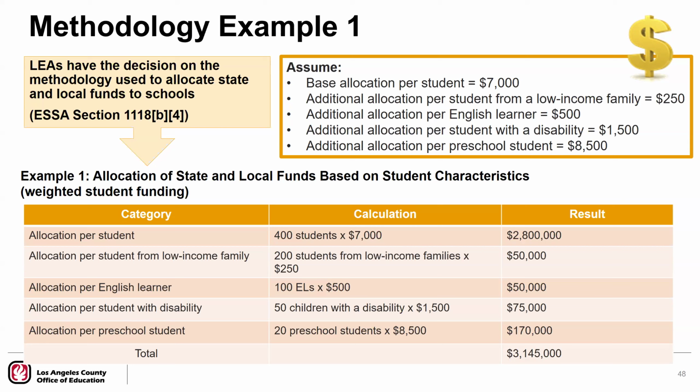This includes a base allocation per student and additional funding per low income, English learner, students with disabilities, and preschool students. To meet the supplement, not supplant requirement for Title I, an LEA would use this methodology to allocate state and local funds to each school without consideration or regard to their Title I status.